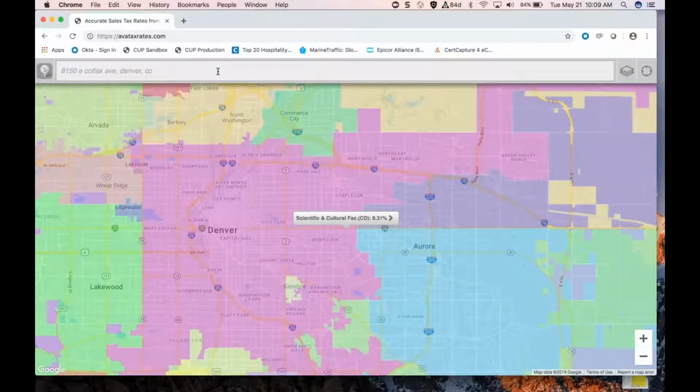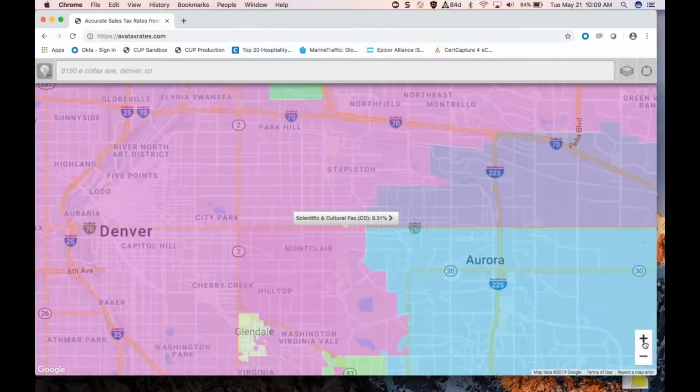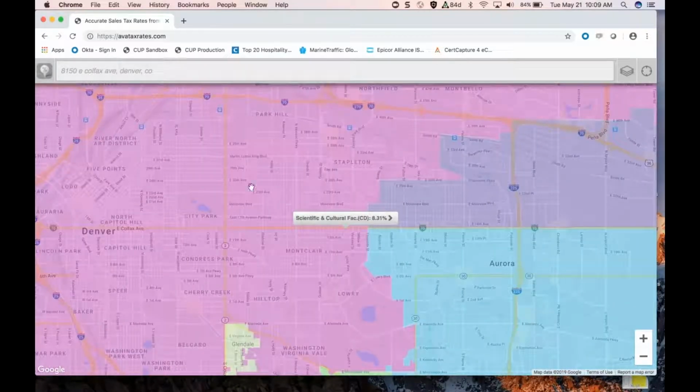During that brief moment in time, what it did is it took us directly to where that address is located. And what you're going to see here is that when I zoom in, it's identified, again, this purple or red or pink region, depending on how that's displaying on your monitor. But that is the jurisdiction and the specific point where that address is found.